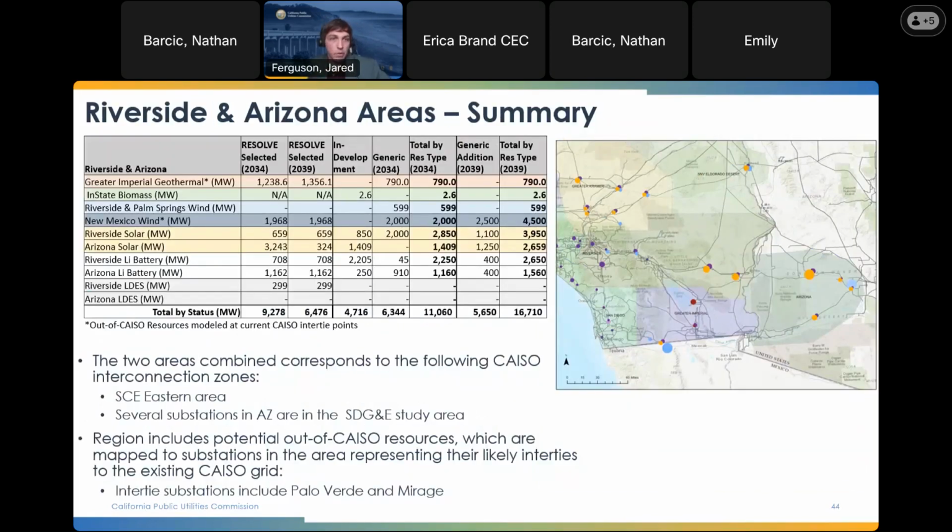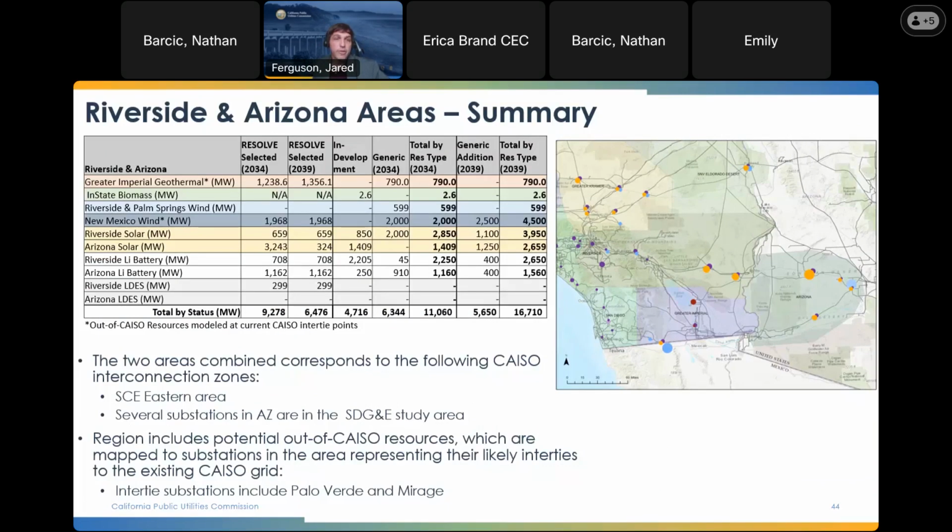So for the Resolve Riverside and Arizona areas, these correspond mostly to the SCE Eastern area, but we also have a few Arizona substations that are listed under the SDG&E study area. Those are Hoodoo Wash and Hassayampa, which are lumped into these Resolve resource regions here.